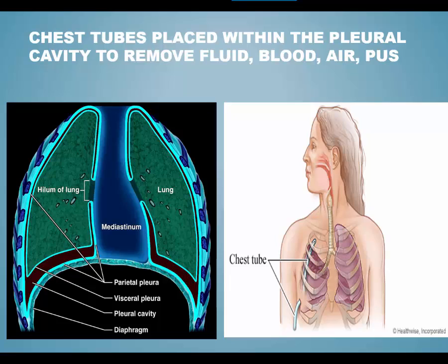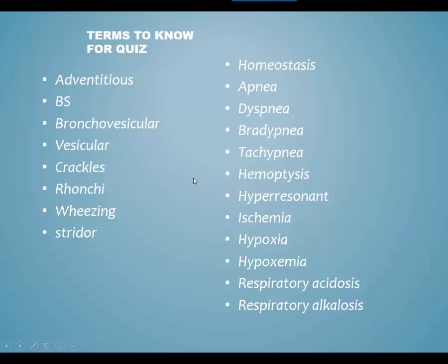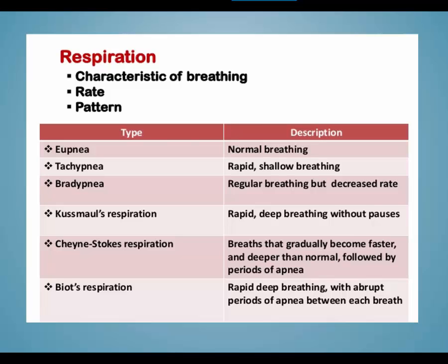Chest tubes are placed within the pleural space to remove blood, pus, or air, and we will be going over chest tubes much more in depth at a later date. You need to know the terms that are on this slide. And the final slide has medication categories, which we will go over later, but I wanted you to see them now.